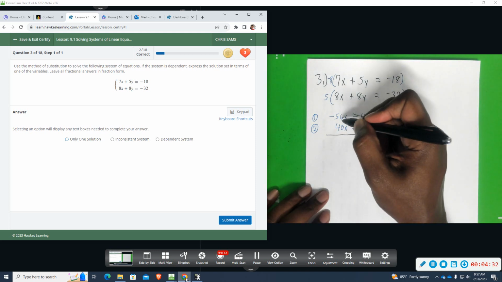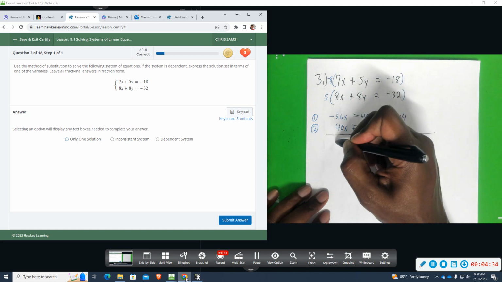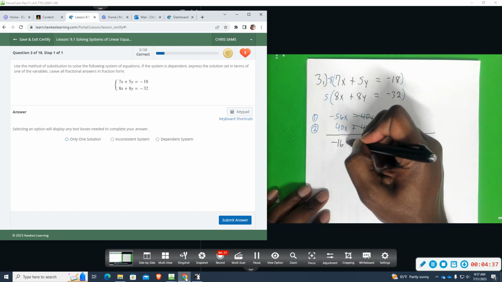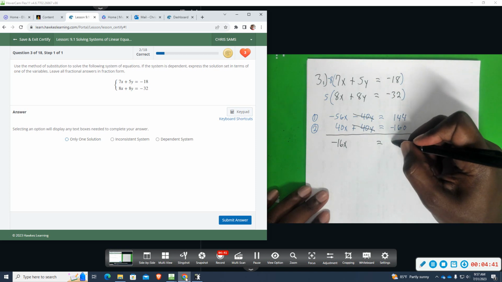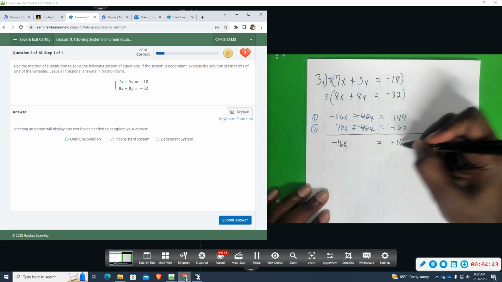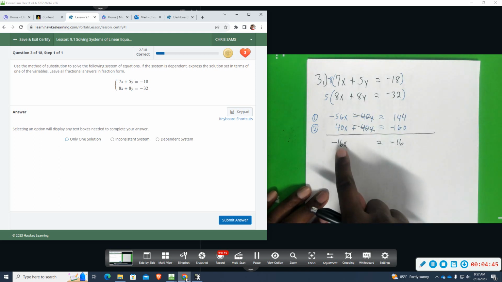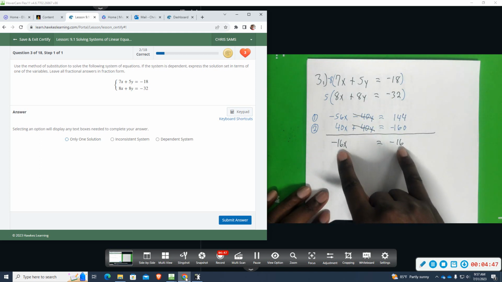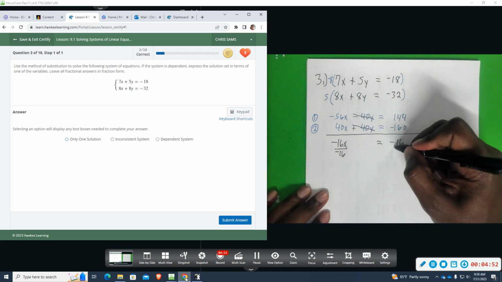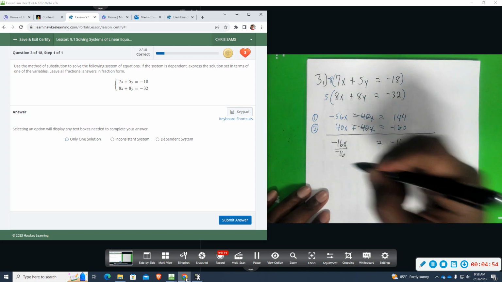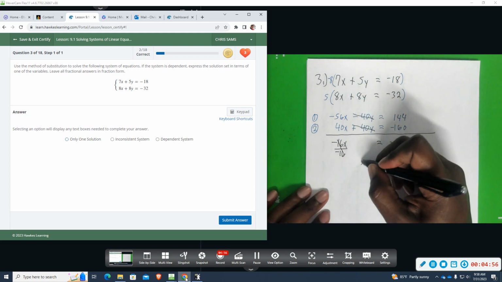When I do these, I subtract different signs, so it gives me a negative 16x equals, subtract these, gives me a negative 16. Okay, so at this point now I have just one variable, and I can solve for x. So I'm going to divide by negative 16, and that gives me x equals 1.